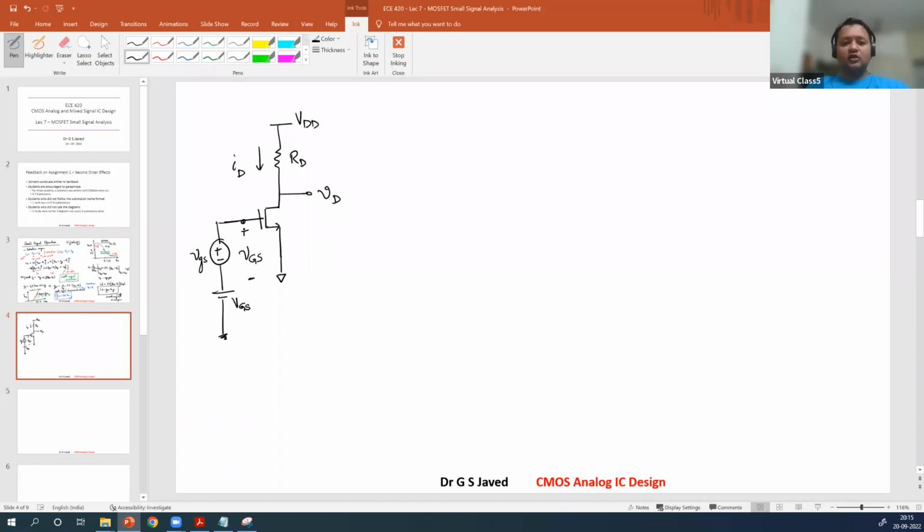Now, what is the total drain voltage, or any instantaneous drain voltage? The instantaneous drain voltage is given as VDS, which in this case is VD. So VD is taken across this way. So VD is equal to VDS is equal to V capital D is equal to VDD, a DC voltage, minus the AC plus DC current times the resistance, so ID RD.